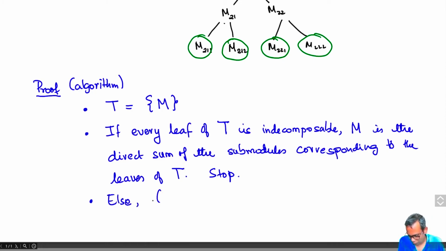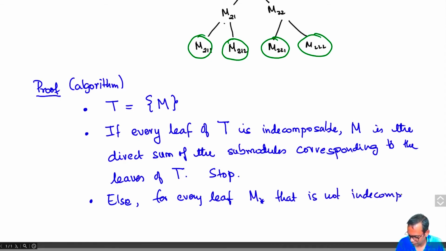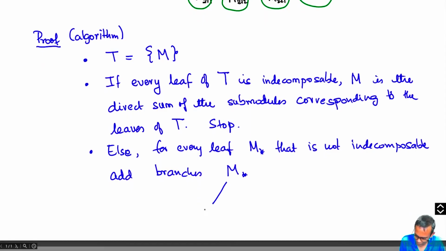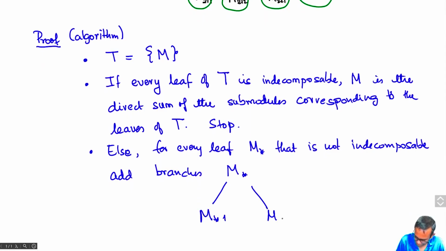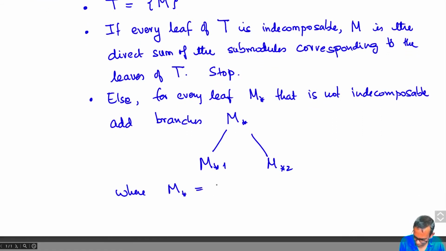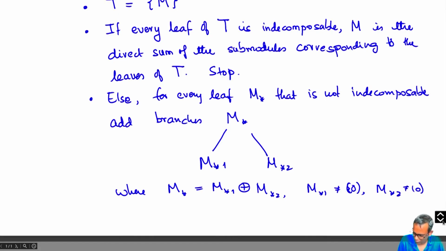Else, for every leaf M star that is not indecomposable, add branches below M star, namely M star 1 and M star 2, where M star 1 and M star 2 give a direct sum decomposition of M star.